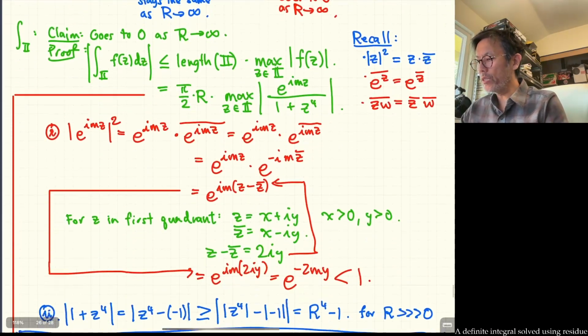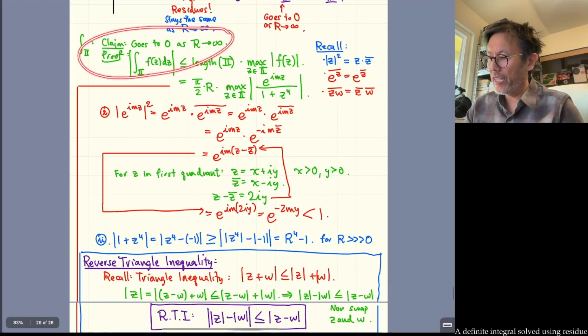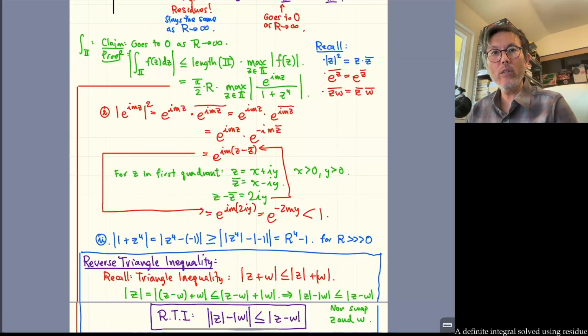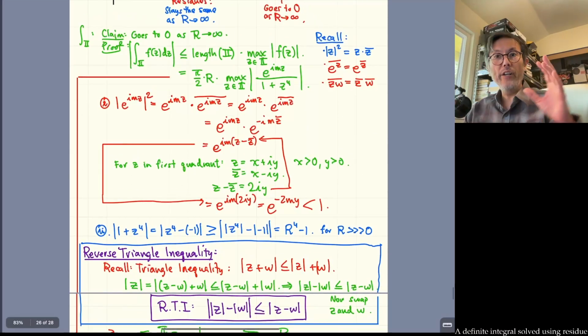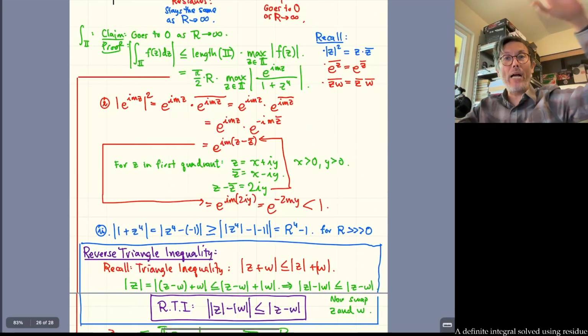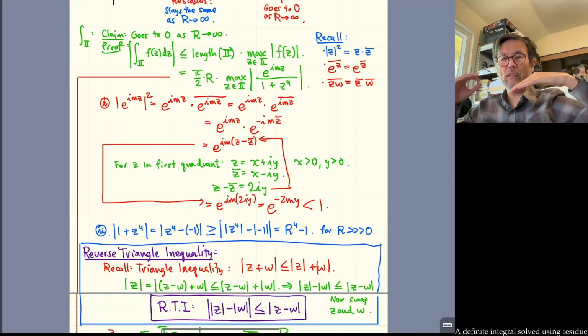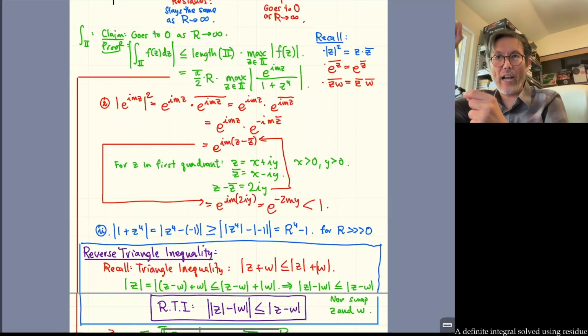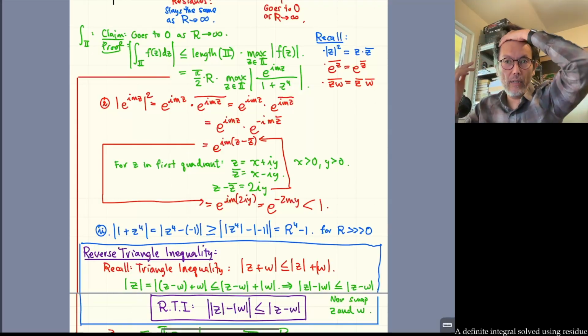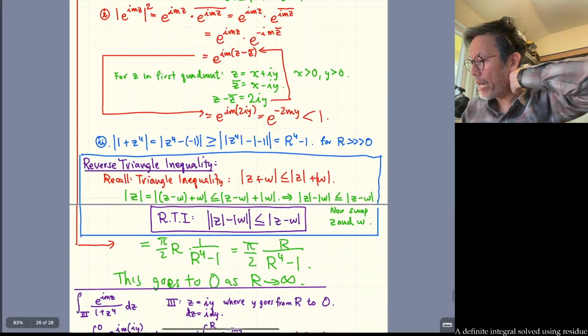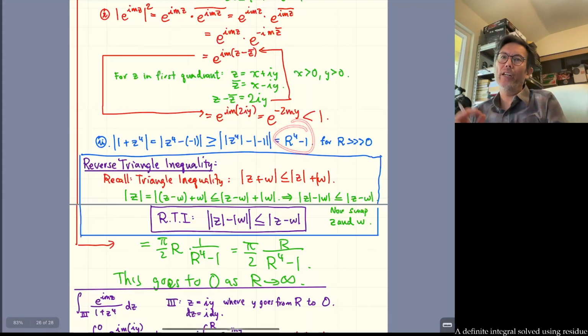Why? Well, that was all of this work that we did here. That was this claim. The way that we did it, we made careful estimates of the numerator and of the denominator using our understanding of the exponential function e to the i mz, with the i there, being bounded in the upper half plane, and the denominator being bounded below by r to the fourth minus 1.